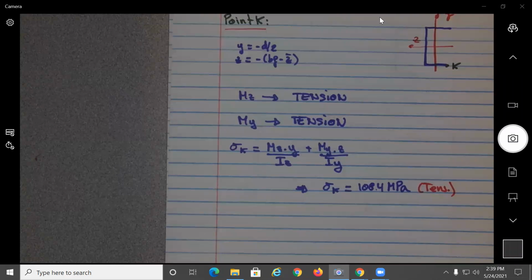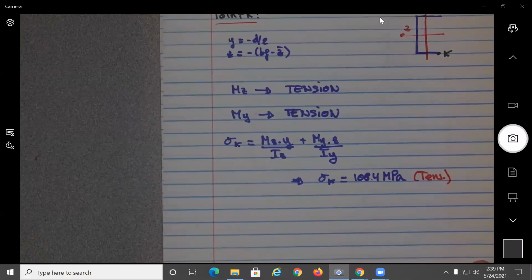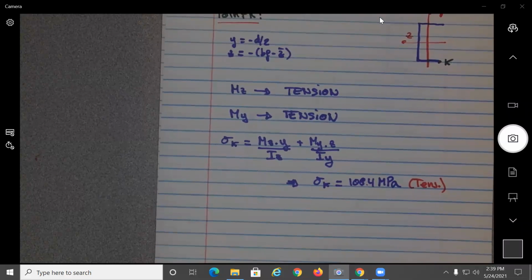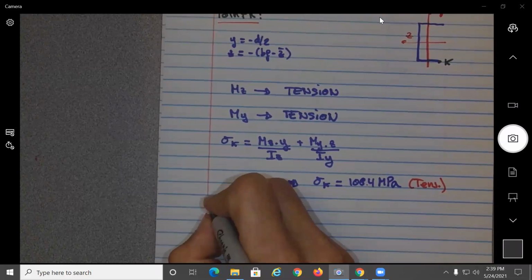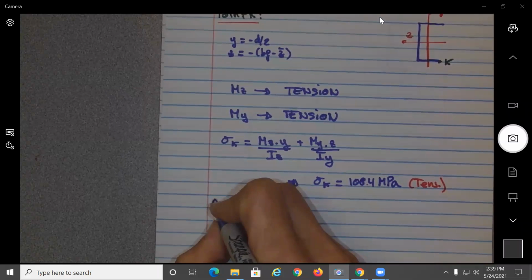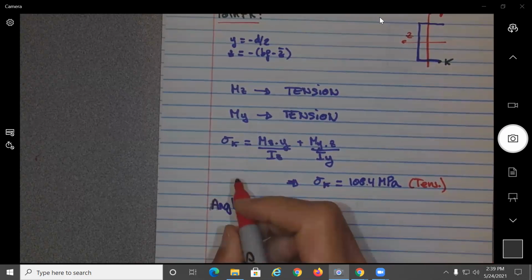The last thing we need to do, since we have the moments My and Mz, is find the angle beta of the neutral axis.